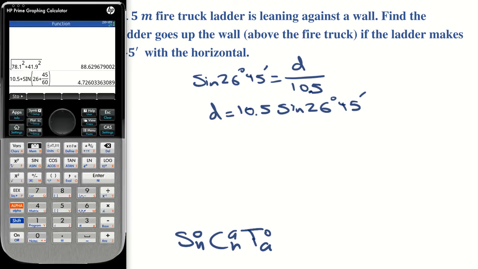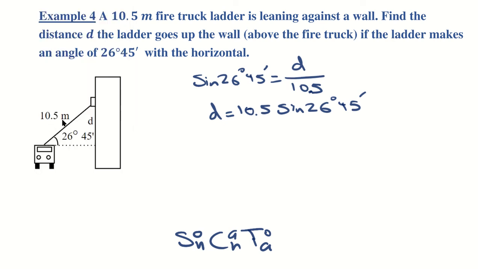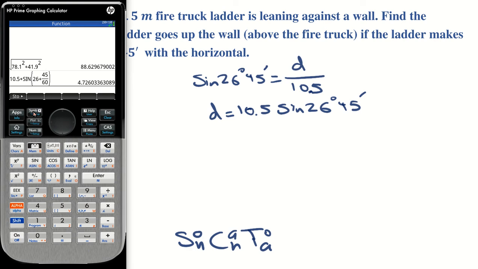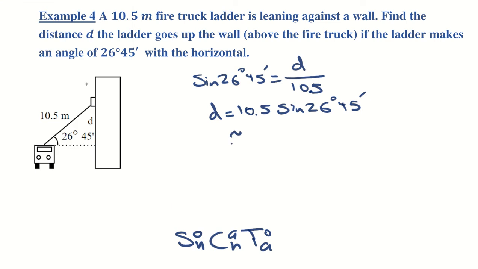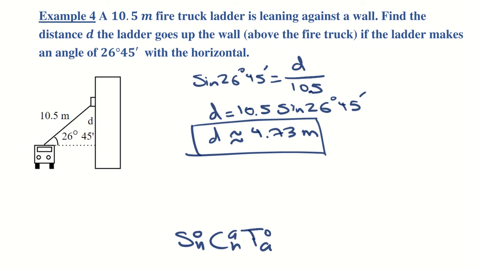They do not give us rounding instructions, so we'll just go with 3 significant digits, right? So 4.73. And of course, you always give your final answer the units. Here we'll have meters. All right. So there's a nice simple application, and make sure you can handle that, and we'll proceed.